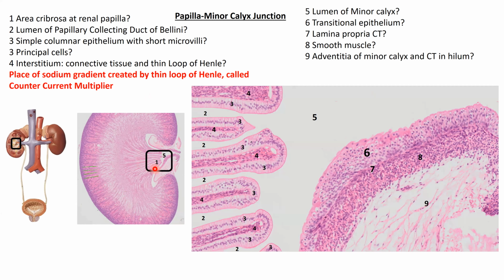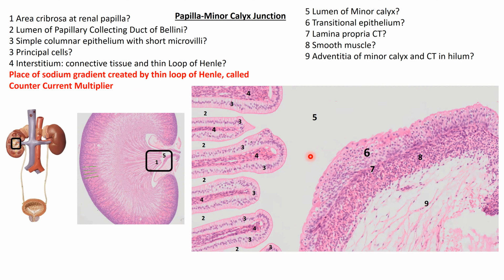This is the area cribrosa labeled with number 1. So this territory facing number 5 is the lumen of the minor calyx. And on the other side, the transitional epithelium shows up, as I just said, for the first time.